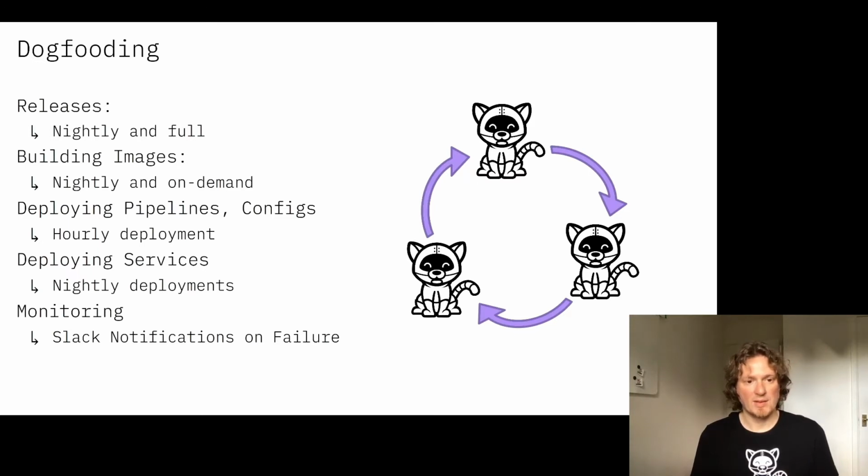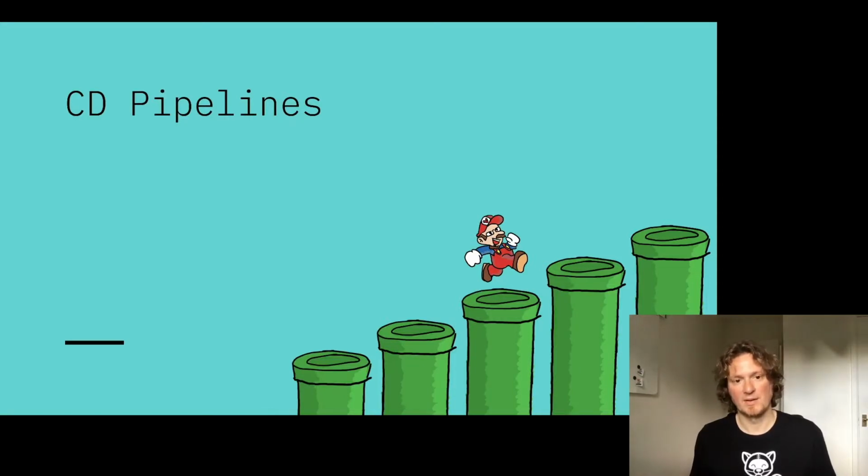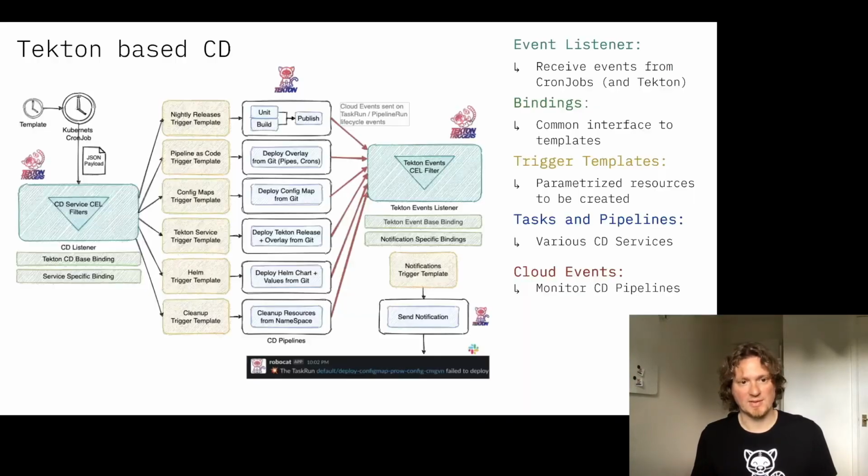And so we deploy those pipelines and the configs that need on hourly basis using Tekton pipelines. So we started deploying Tekton itself using Tekton, and finally we added notification capabilities for monitoring our pipelines, also based on Tekton pipelines.